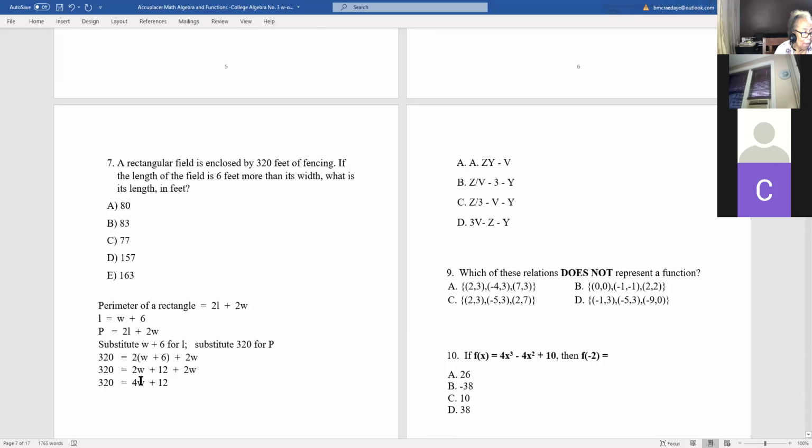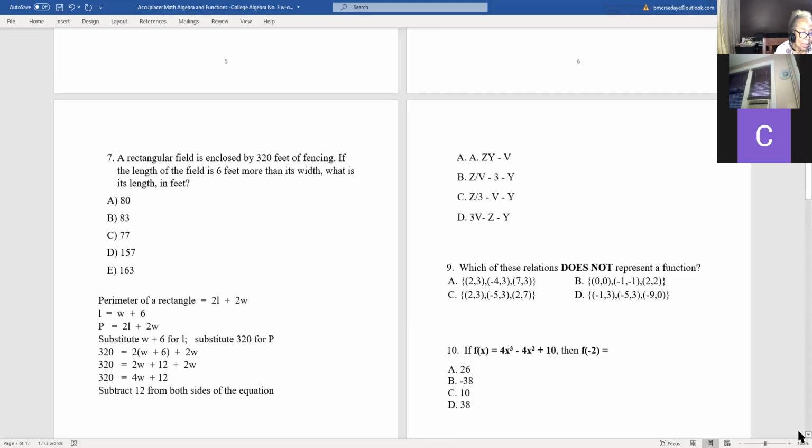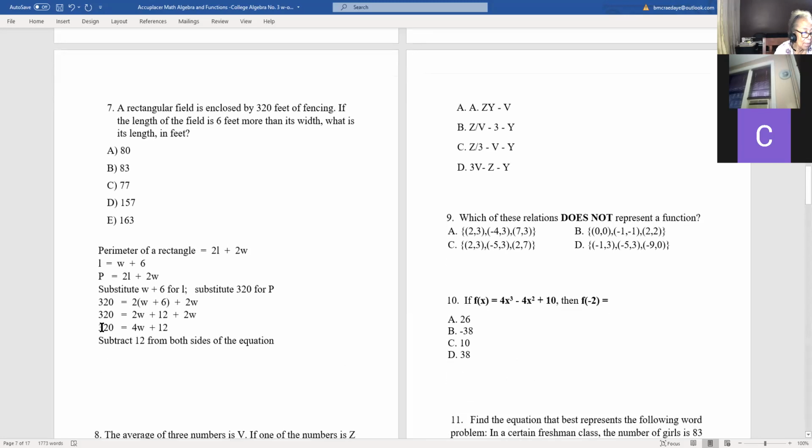So I want to leave this right the way it is. So what should I subtract from both sides of the equation? 12. That's it. Subtract 12 from both sides of the equation. Okay. Now do that. Tell me what you get. Copy this.